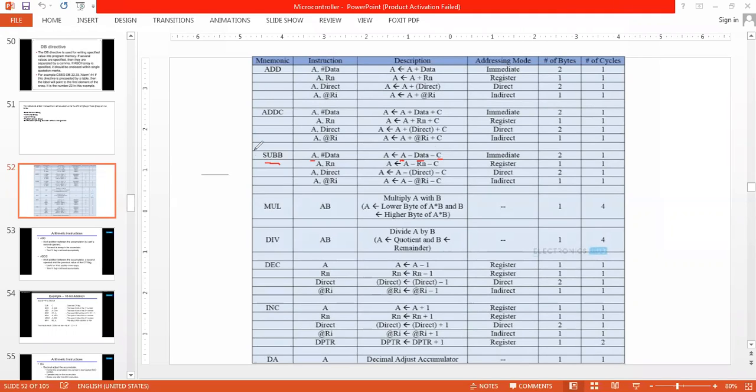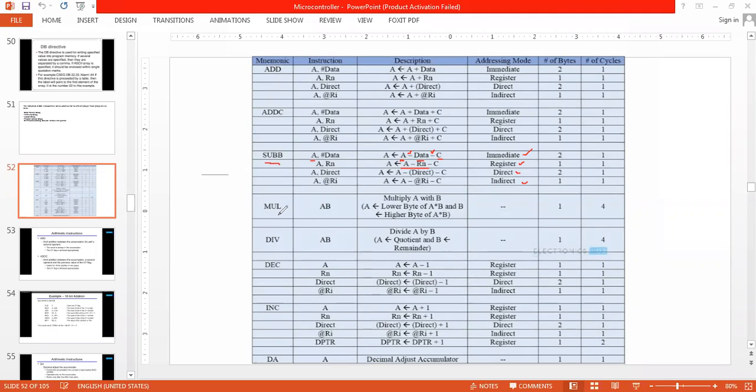It is similar to ADDC, but here it is subtraction, minus. In all the ways, either immediate, register, direct, or indirect. Hope it has been understood.